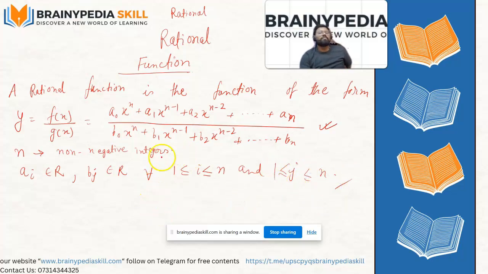Always remember, since g of x is in the form of a divisor, its denominator will never be equal to 0. So g of x is not equal to 0. Please remember that part. Okay, understood?